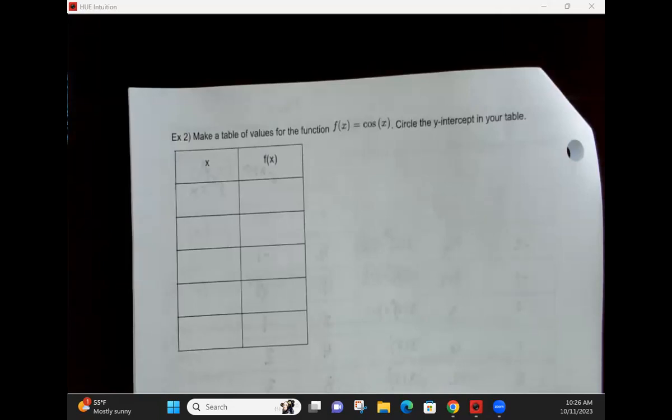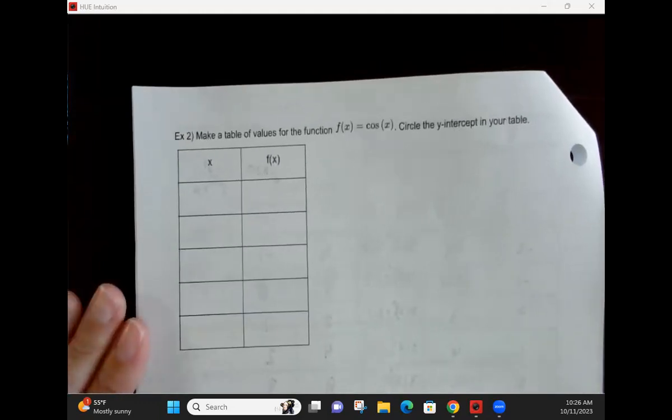That way we get some stuff outside of the first quadrant. But yeah, I'm going to pick stuff that's like values from our unit circle, right? Some sort of part of pi, preferably the parts of pi that we talked about. So pi over 6, pi over 4, pi over 3, pi over 2, right? 3 pi over 2, 5 pi over 6, stuff like that. Stuff that we're familiar with would be good values.